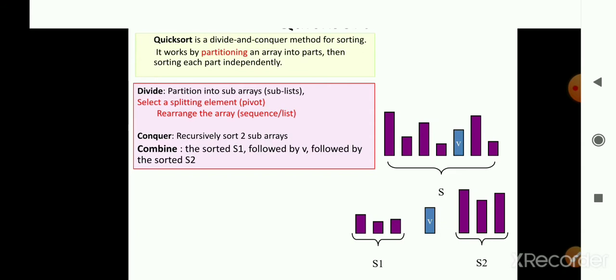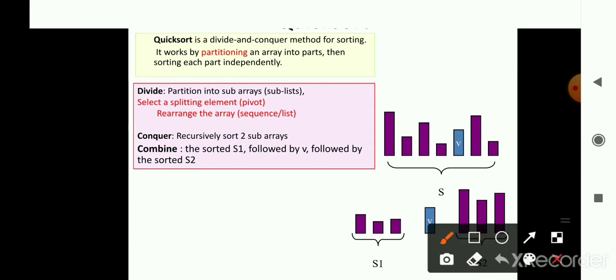Now we will see the conquer part of the algorithm. Conquer means the left and right subparts are again partitioned. Here we recursively sort the two subarrays. To sort these two subarrays, the left and right subparts are again partitioned by selecting pivot elements from them.